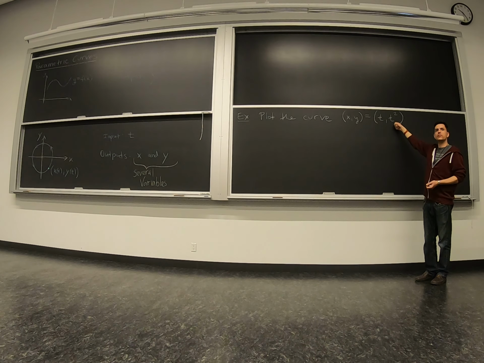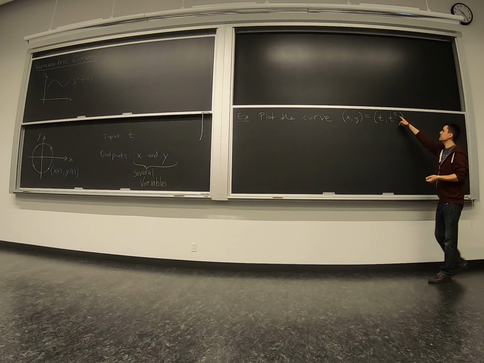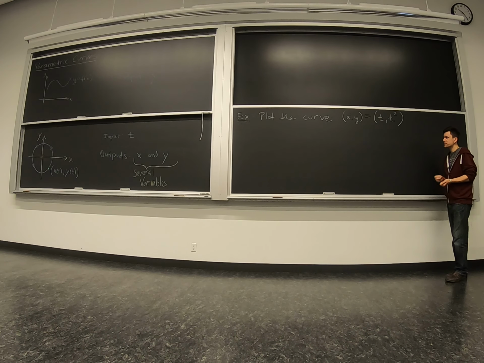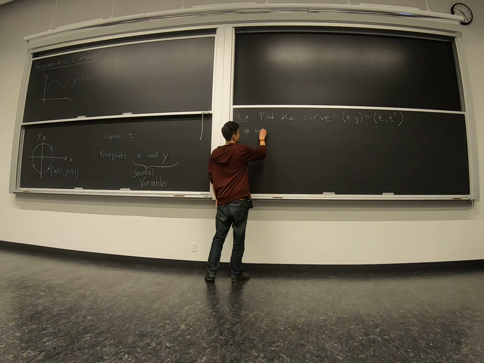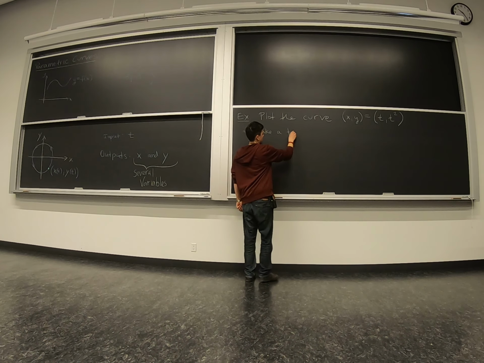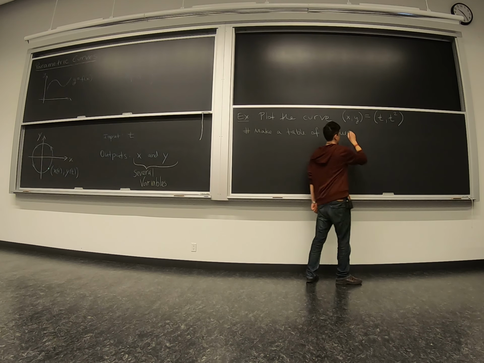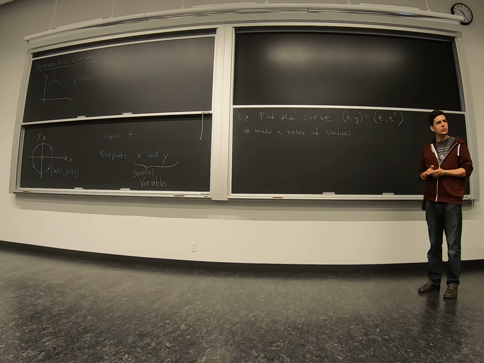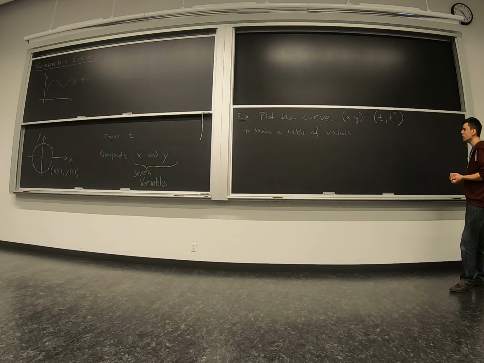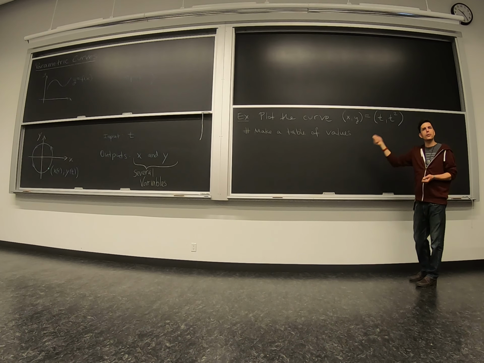We have a particular value of t, and then we plot where that point winds up. In order to plot these things, we're going to go all the way back to grade 9. We're going to make a table of values. So we'll take some values of our parameter and then plot where they wind up.